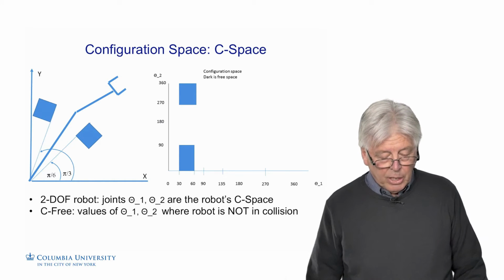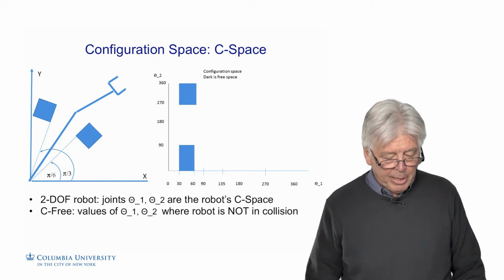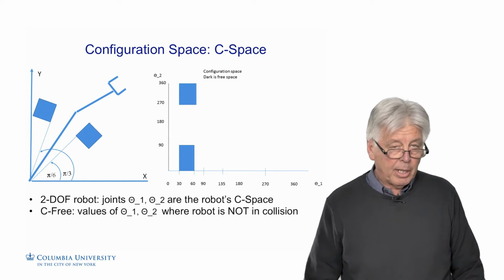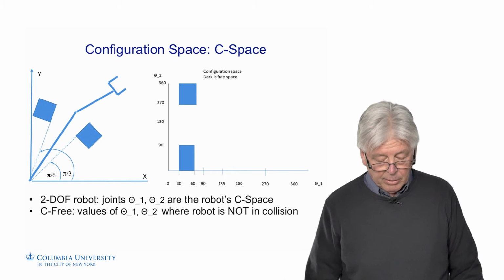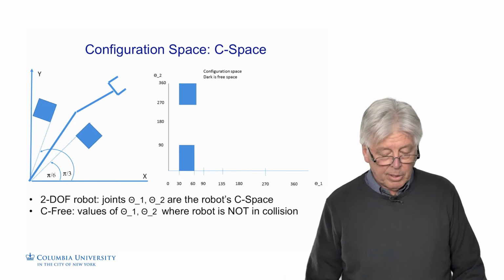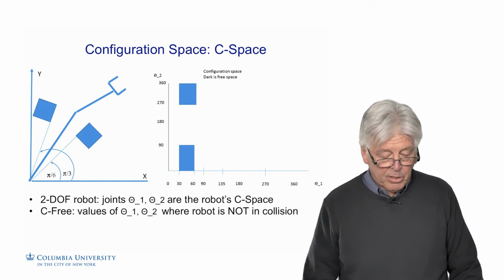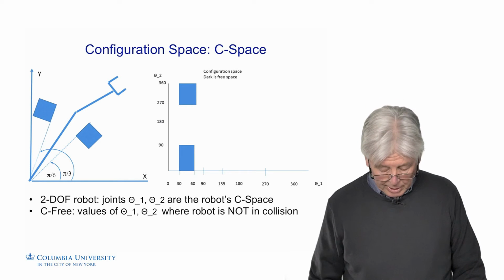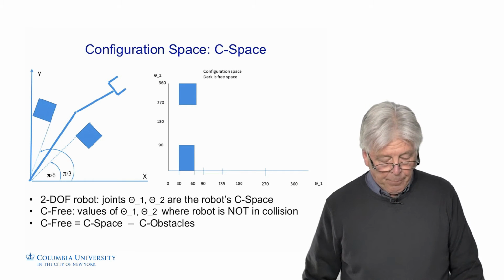Correspondingly, if you look at the second joint of the robot in the Cartesian space, because of those blockages, it can only go between minus 90 and plus 90 degrees. So we can show that on the configuration space graph, showing that the robot's ability to move is limited. It can only go between plus 90 and minus 90 degrees. So that's the operational range of the robot in the configuration space.